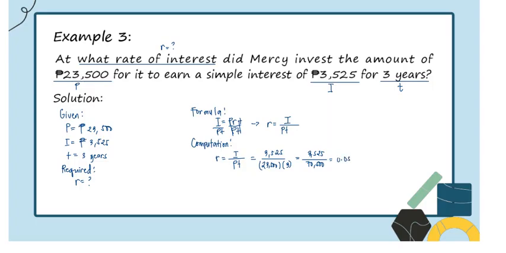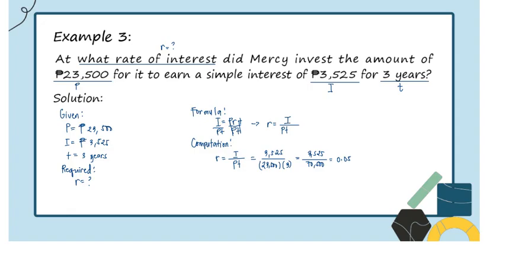So basically, this is actually the value that we are looking for, which is going to be the rate of interest. But we wanted our rate of interest to be in percentage form. So if we are trying to get the value in decimal form by dividing it by 100, now we are going to multiply it by 100, or do the vice versa to get its percentage form.